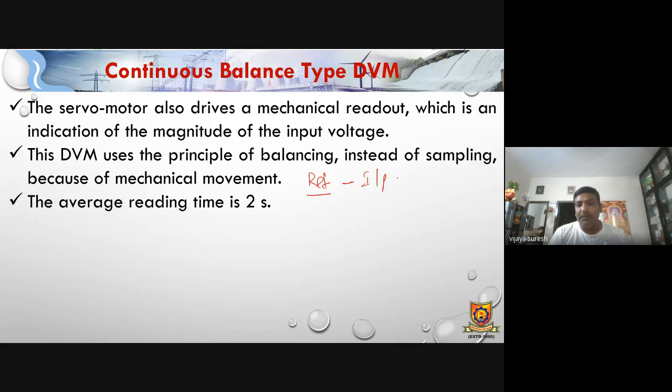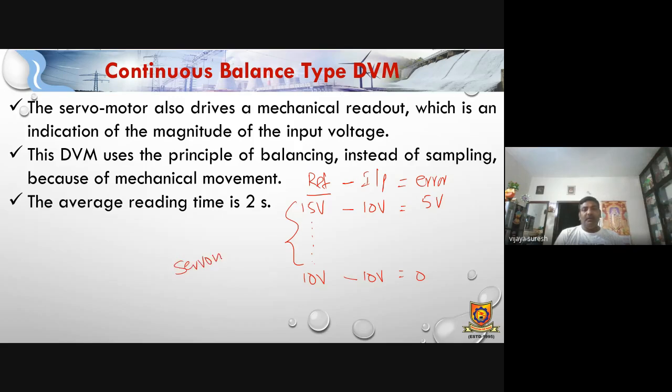So reference minus input is equal to error. Let us say the reference is initially 15 volts, the input is 10 volts, so the error is 5 volts. So it should come from 15 to 10 volts, and 10 minus 10 volt is equal to 0. During this duration, the servo motor will work to change the reference signal, and for that it has taken 2 seconds.